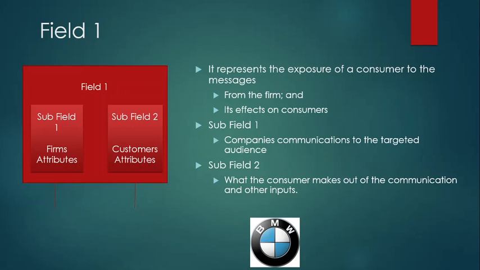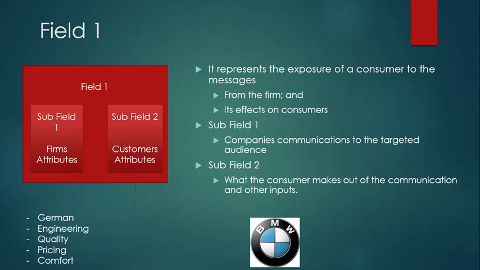With an example, let us try to understand what firm's attributes and customer attributes are. Let us take BMW as an example. These are the firm's attributes: BMW is a German car, known for engineering, top notch quality, pricing and comfort.